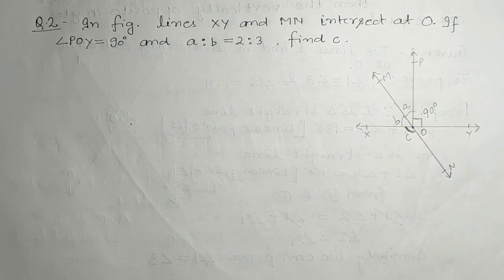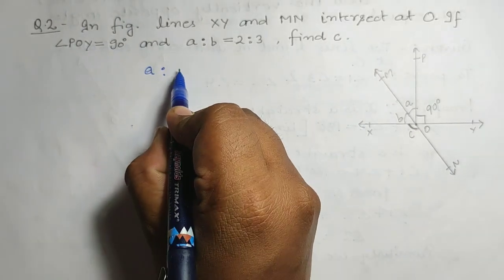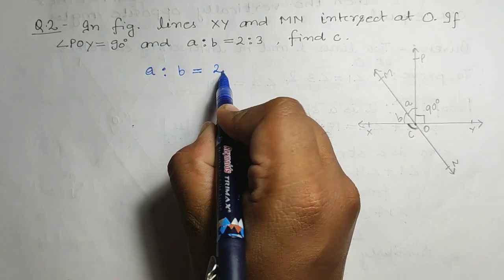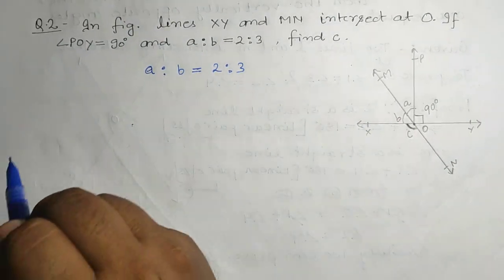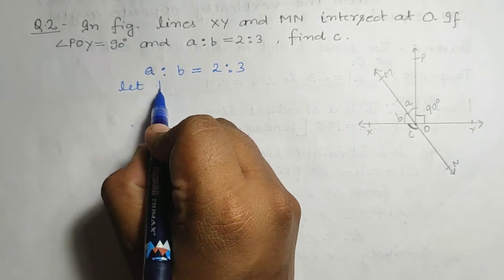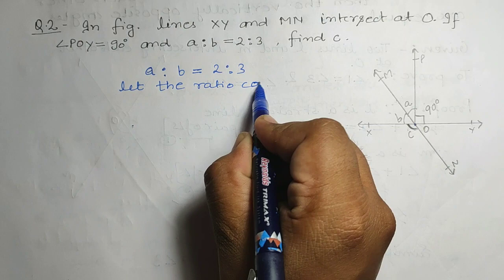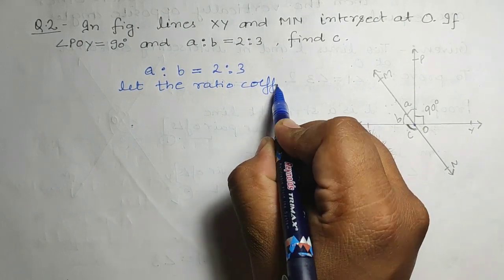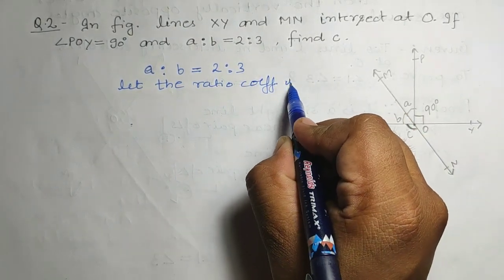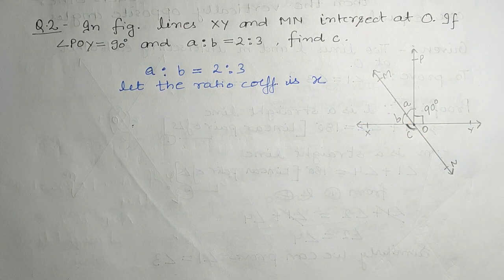Okay, so let us see how we'll solve this question. See, it is given that A ratio B is equal to 2:3. So let the ratio coefficient be x.